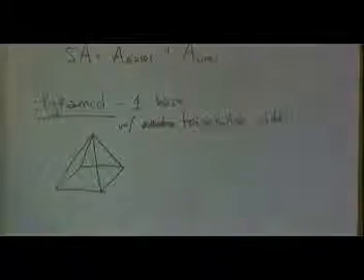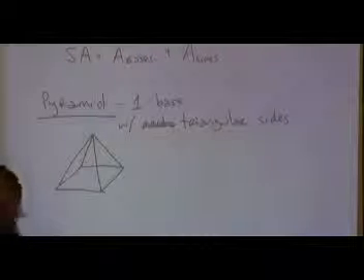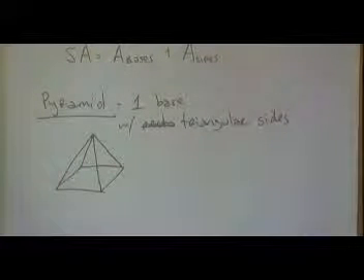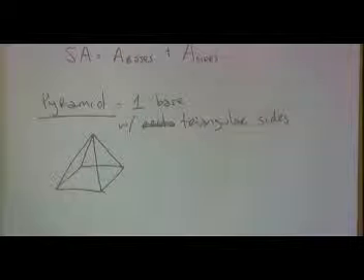So there's a pyramid. If I was thinking about finding the surface area of the pyramid, I would need to find the area of each of these shapes. We all know how to find the area of a rectangle or a square at the bottom piece, and of course we all could find the area of these triangles.